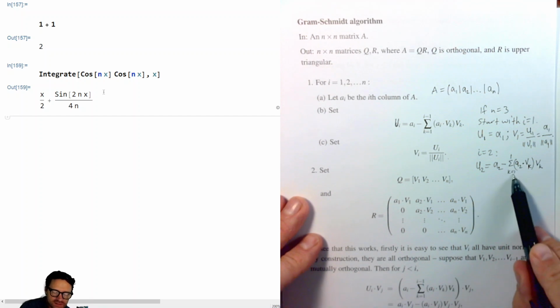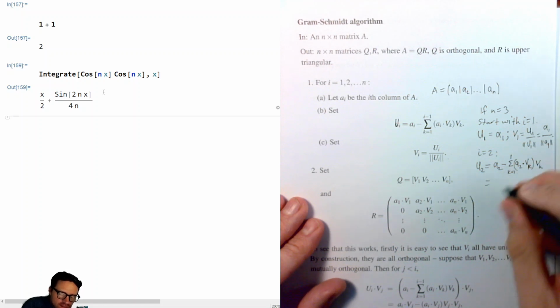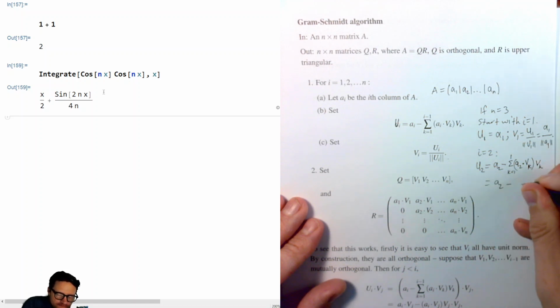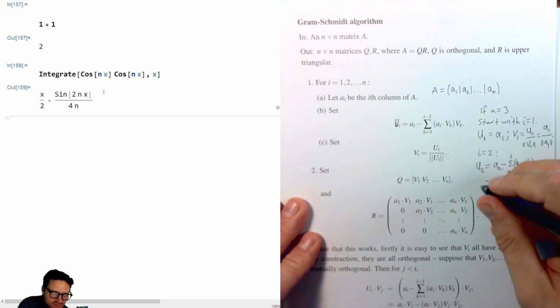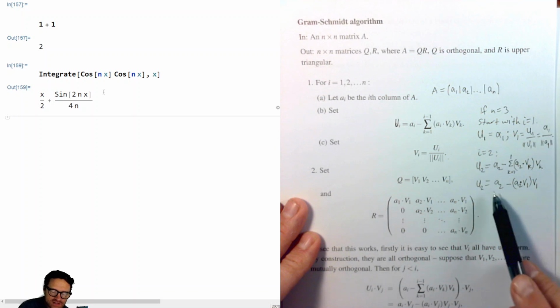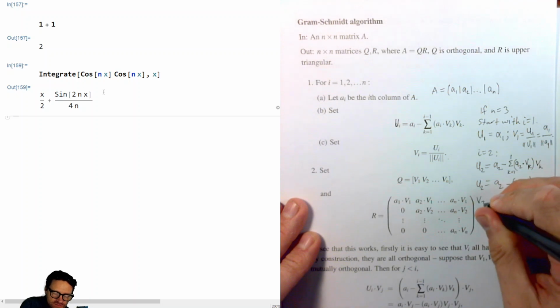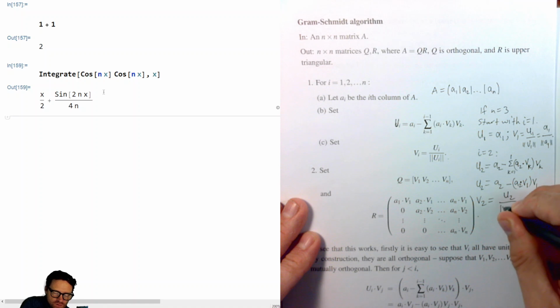Okay, since there's only one thing in the sum, we sub in that k equals 1 and simplify. So we have this, all right, and so this is U2, and v1 is right up here. Okay, so once we have U2, we're now able to calculate v2, which is U2 over the norm of U2.